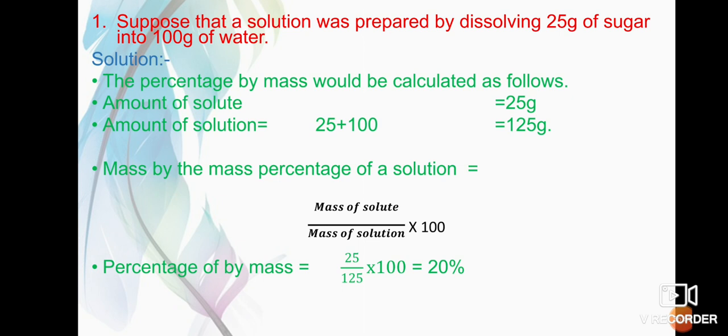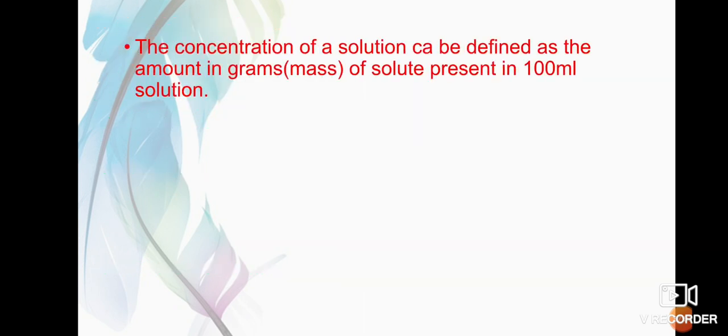Okay, then next is the concentration of a solution defined as the mass in grams of solute present in 100 ml of solution. Here mass means solid, 100 ml solution means liquid.